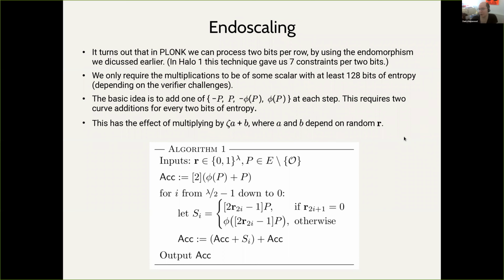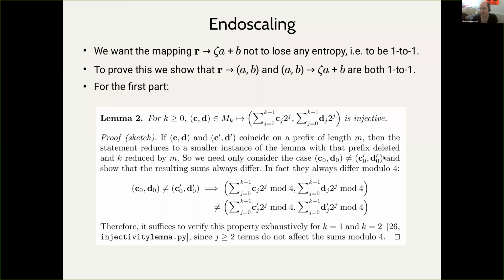So in order for this to be secure, we want the mapping from R to A and B, or from R to this effective scalar, to be 1-to-1 so that we don't lose any entropy. So we do that in 2 stages. We show that from R to this tuple A comma B is 1-to-1, and then from that to the effective scalar is 1-to-1.